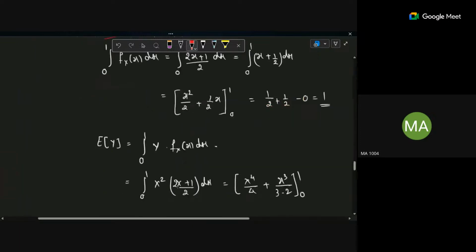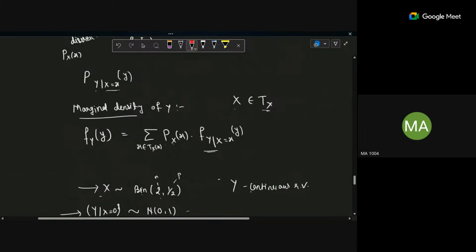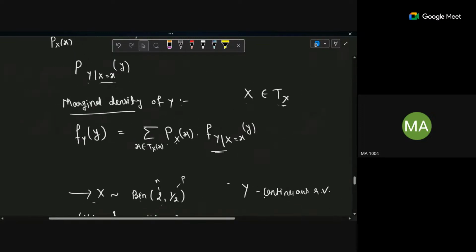So these are the basic concepts on which you can expect questions. Obviously there are variance kind of questions, and the same question can be asked in language form. For example, x is some random variable.